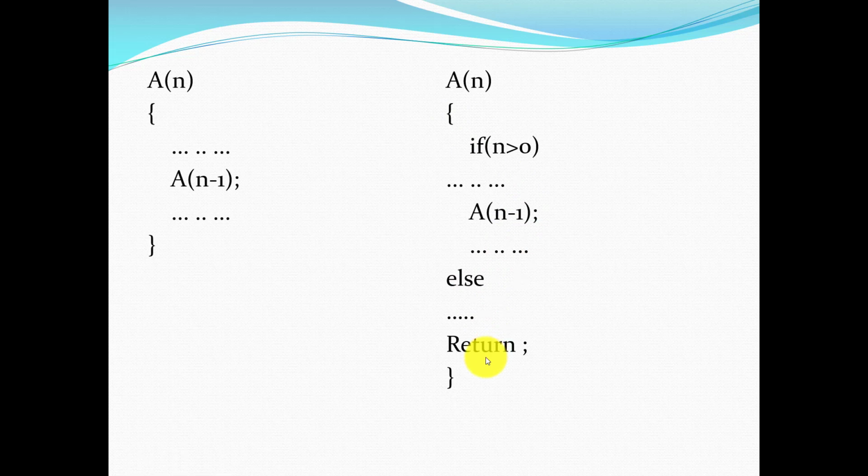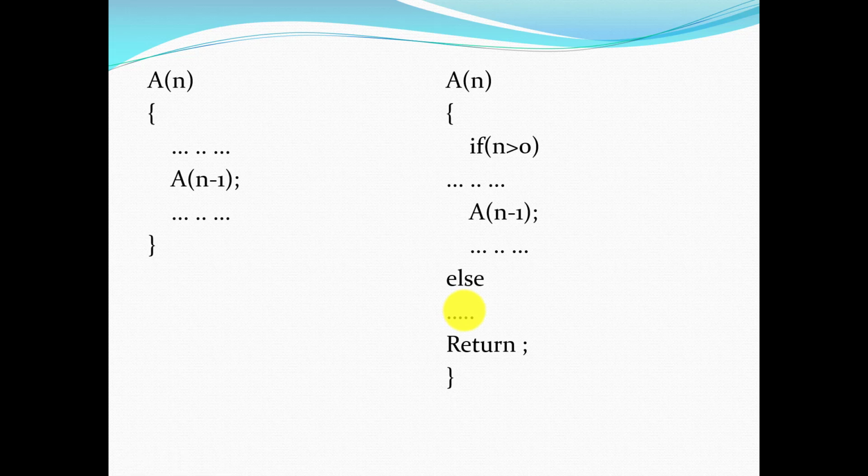The else part is the termination condition, also known as the base condition. If you want to stop the recursion, it must stop at some point, otherwise it will go into an infinite loop.